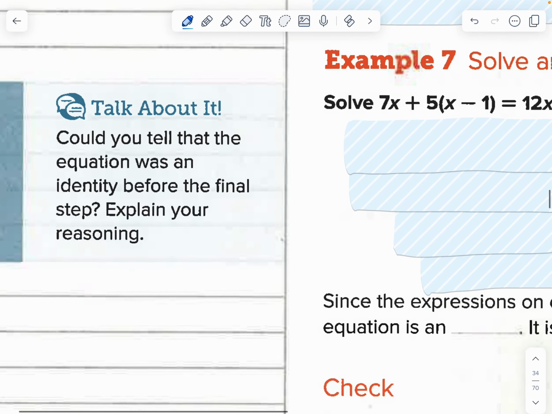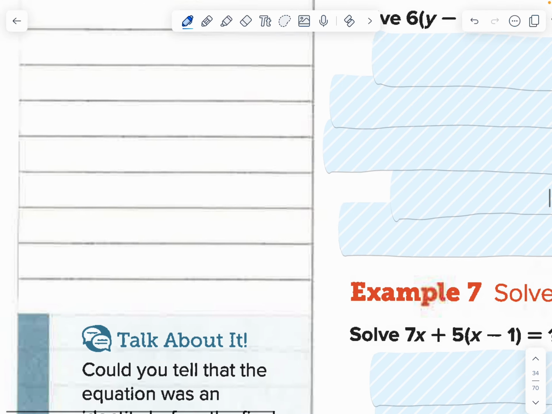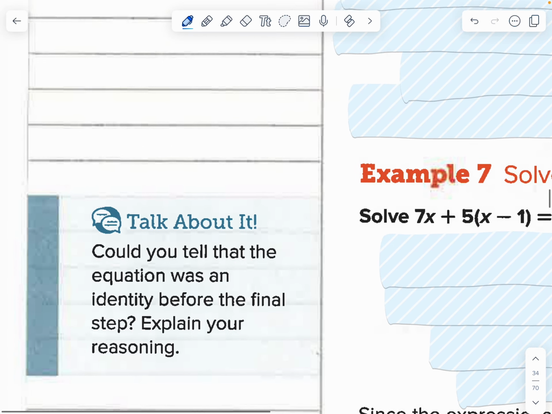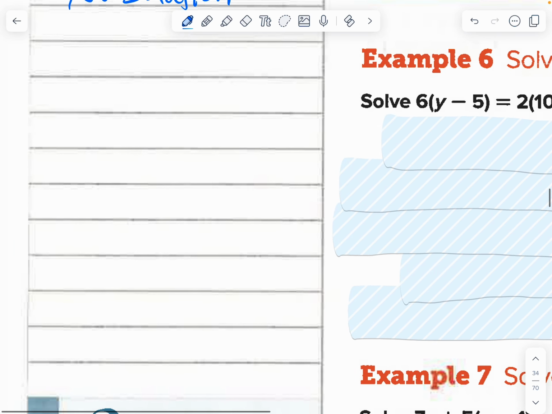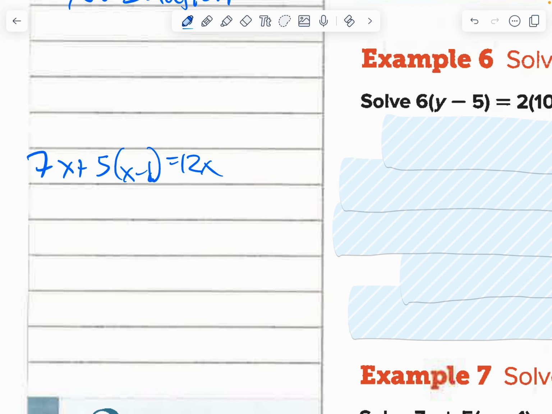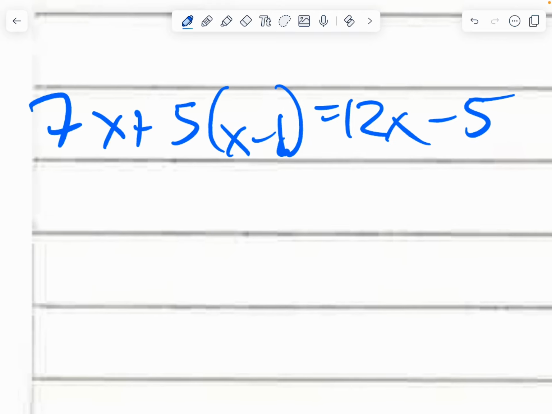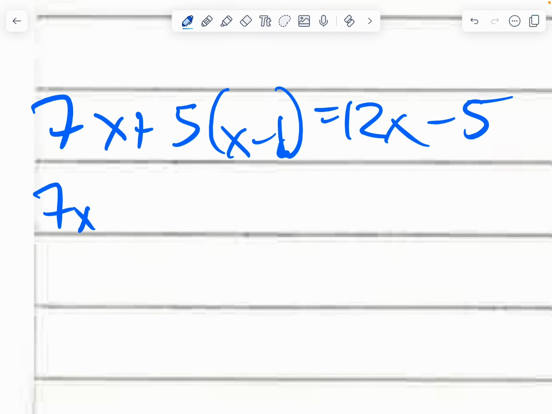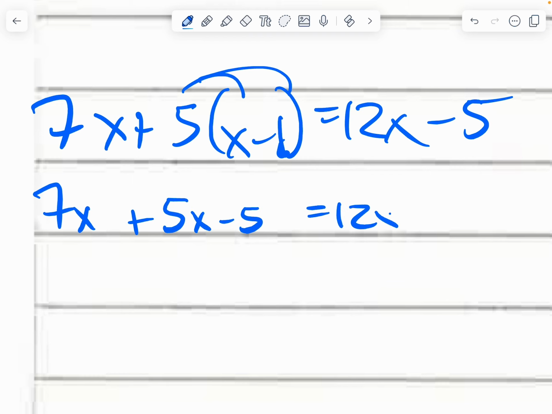Okay, on this one, I'm actually going to write it here. So 7x plus 5 times x minus 1 equals 12x minus 5. So if I look at this one, 7x plus, I multiply here, 5x minus 5 equals 12x minus 5.